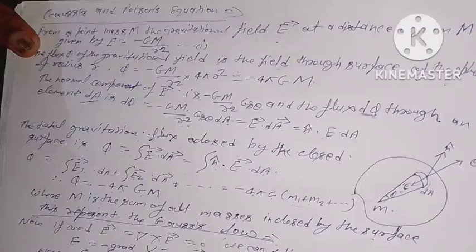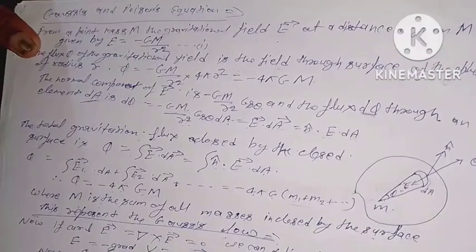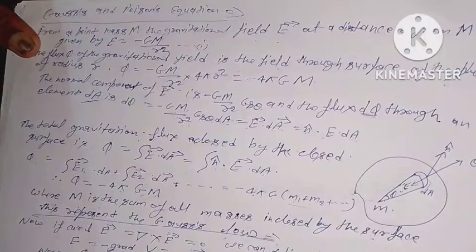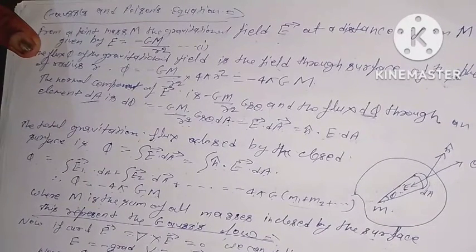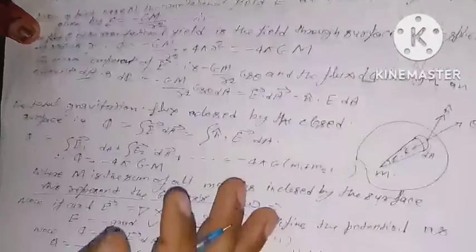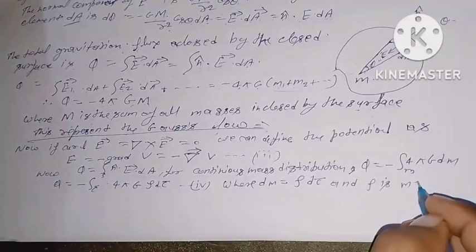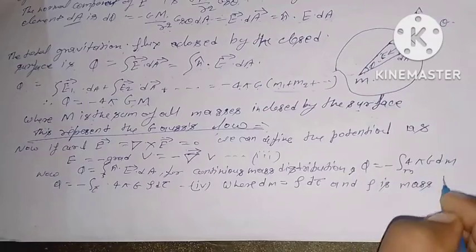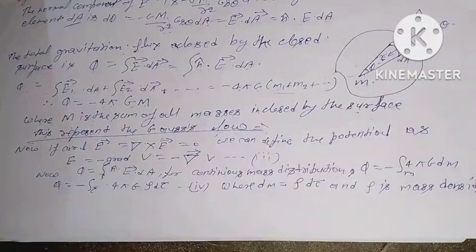This is equation number 4, where dm equal to rho d tau, and rho is the mass density.